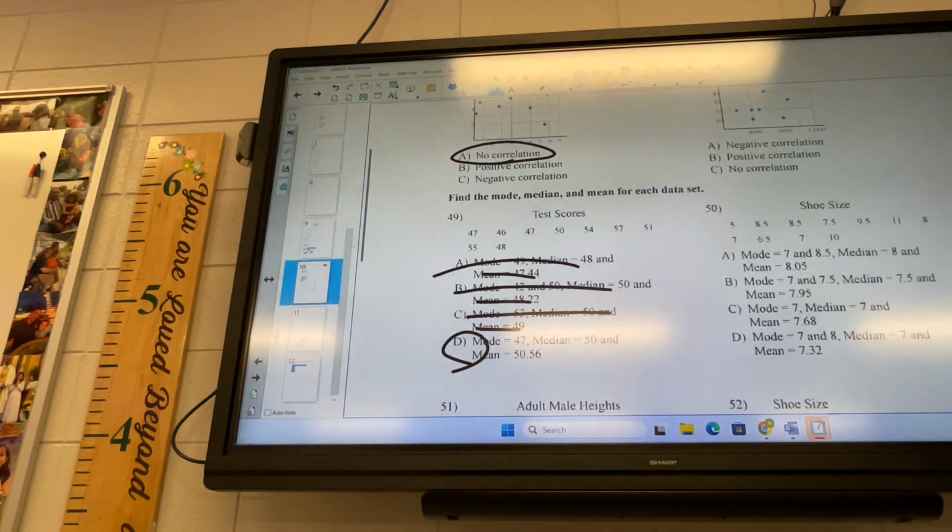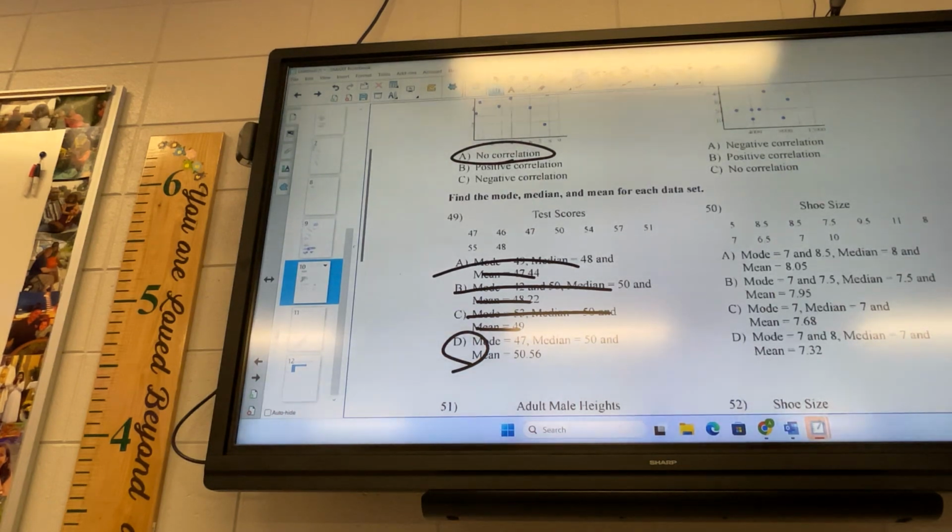What do you feel like is the next easiest? The average? The median? You don't have to rearrange anything for the mean. I like the mean just because I can do it on my calculator without having to write it out, but I was just curious what you guys thought. Look at 51.